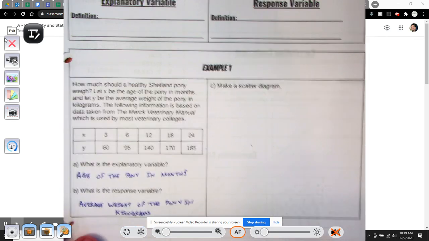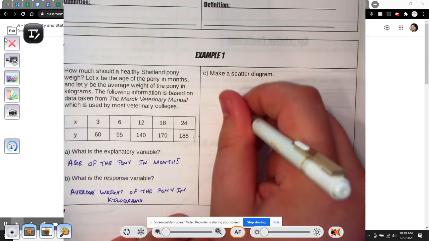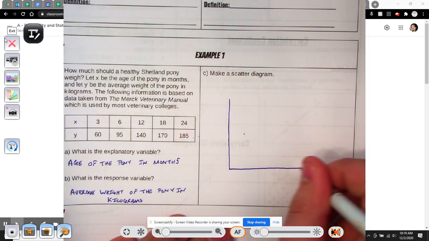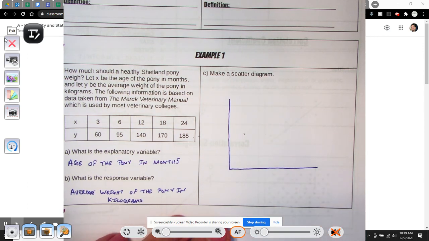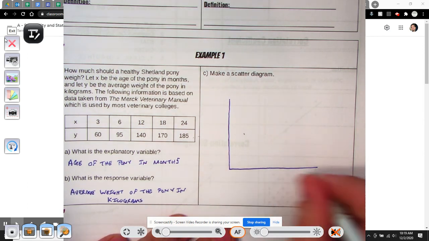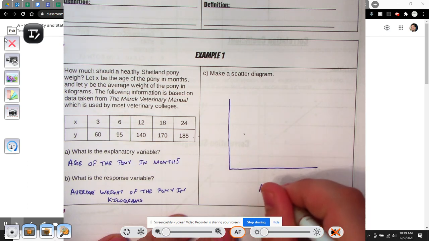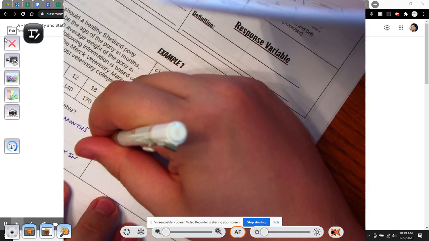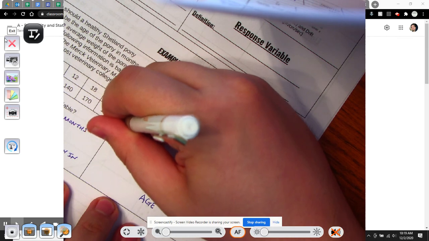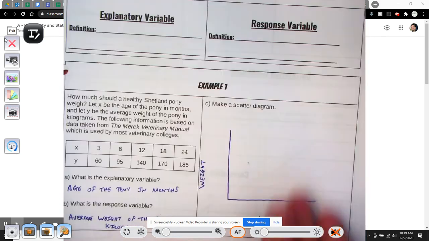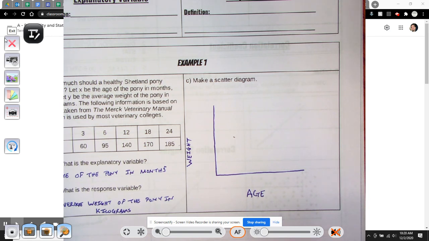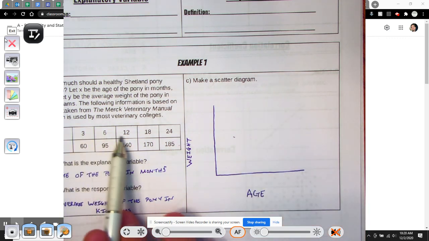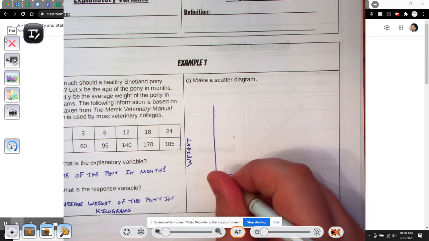So then we're going to make the scatter diagram. We're going to draw our L graph, and then we're going to label our axes. So I know my x-axis, the horizontal, is our age, and our y-axis is our weight. Because our ages are so small, I'm just going to start off counting by threes.